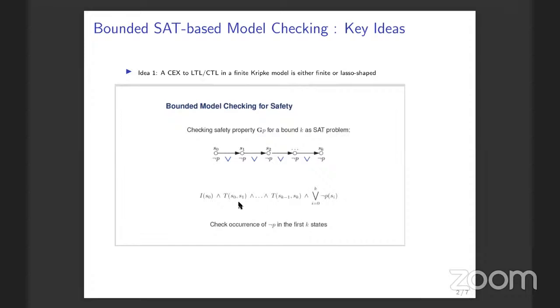Then you can make an instance of a propositional formula which checks if this is a counterexample of some length k to the property G of P, where P is a predicate. There is a path part and a property checking part. If there is a satisfying instance of it, then that's a counterexample.